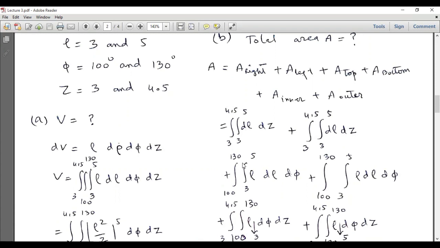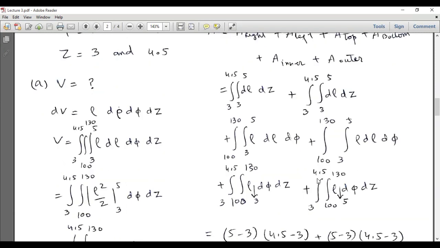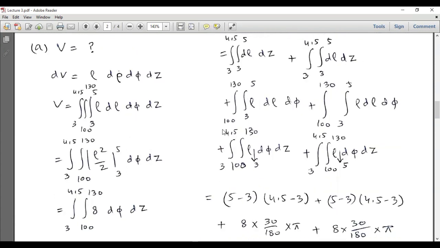For the top surface, we will have this differential area rho d rho d phi, and we can easily put the limits of rho and phi, and here again we will put the limits of rho and phi. So this is again a double integral which is called a surface integral, and finally we will calculate the area of the inner and the outer surfaces. The differential area for the inner surface is rho d phi dz, and rho is equal to 3, and for the outer surface the differential area will be equal to rho d phi dz, and rho will be equal to 5 for the outer surface.